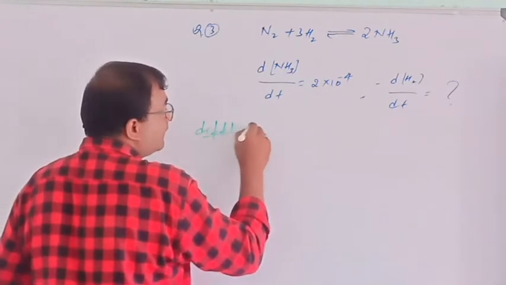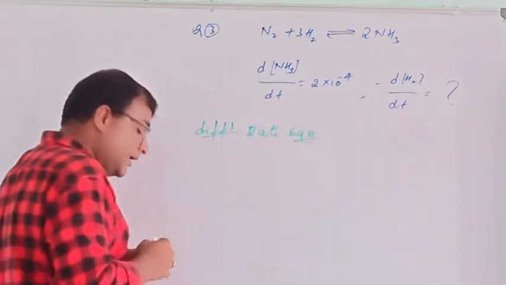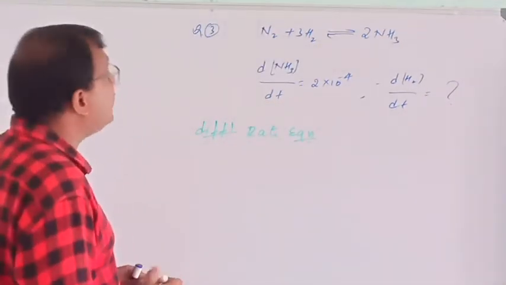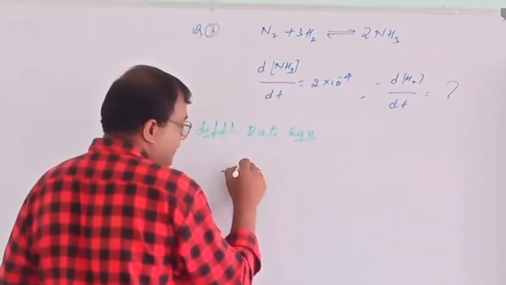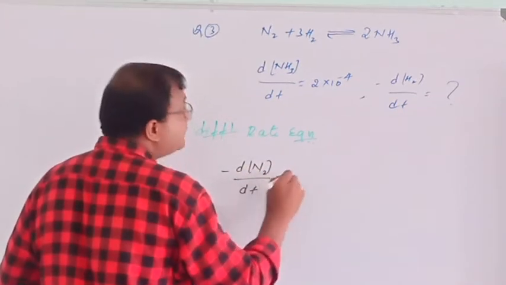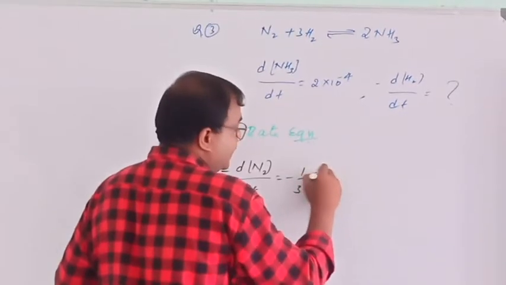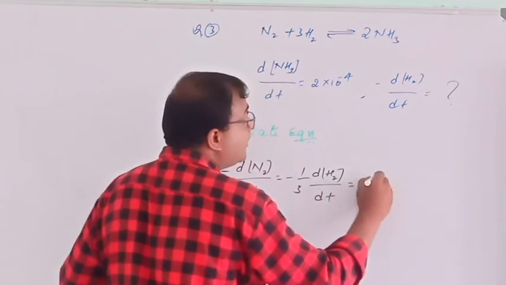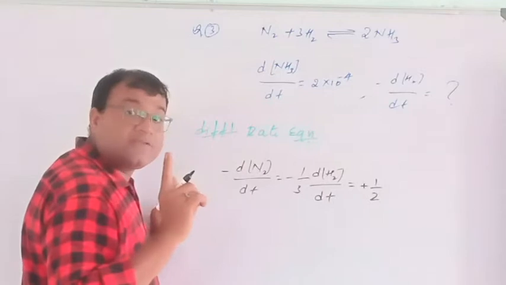Once you apply the differential rate equation, we will break it down: minus 1 by 1 d of N2 by dt is equal to minus 1 by 3 d of H2 by dt is equal to plus 1 by 2 d of NH3 by dt. Why is it minus?